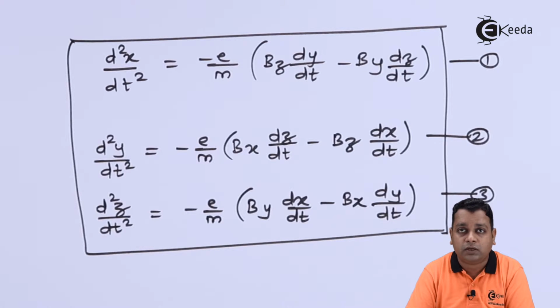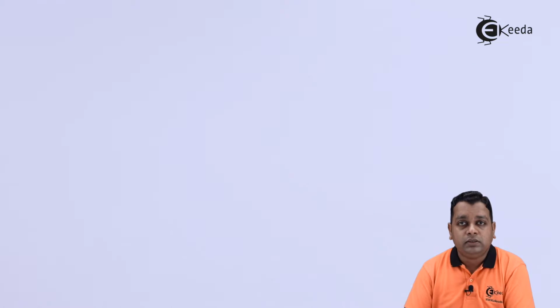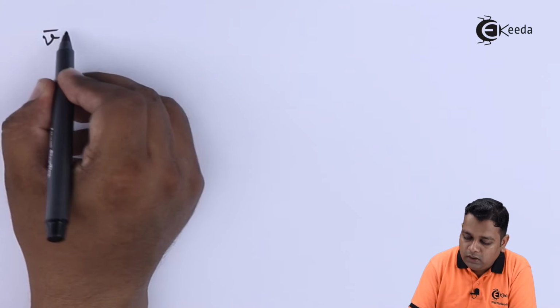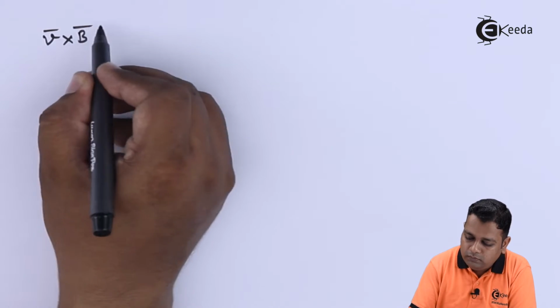Hence we switch from the rectangular coordinate system to the cylindrical coordinate system. In the cylindrical coordinate system, the cross product of the velocity with the magnetic flux density B bar, we can express as v bar cross B bar.